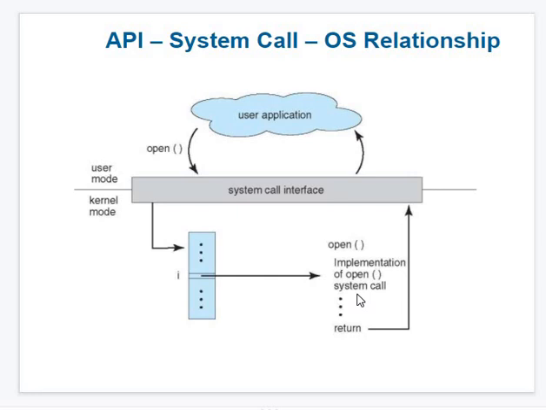As we double click on that file, something takes place in the background. First, whether the file exists or not is checked. If the file exists, then whether the user is allowed with the permission or not. If yes, whether the permission is only for read, or read write, or only write, etc. Those all things will be stored.